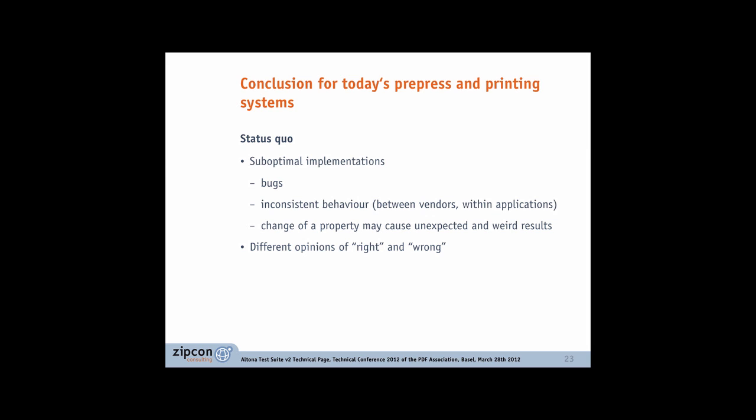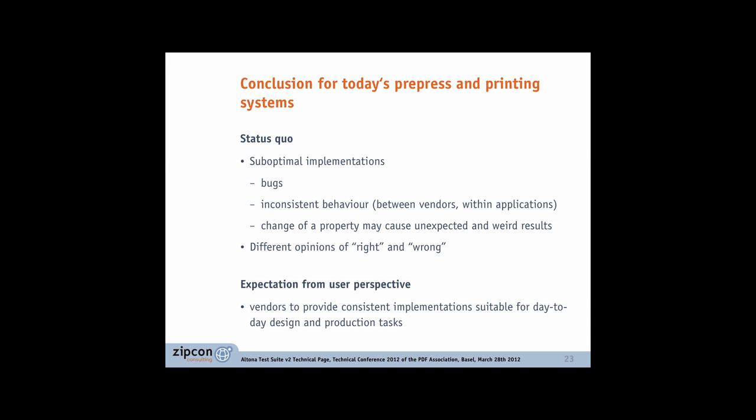So what is the status quo from the end user's perspective? We have, as we learned before, some suboptimal implementations, be it bugs, be it inconsistent behavior, be it the thing that we just looked at, that the change of a specific property changes the overall appearance of some piece of artwork. And there are obviously different opinions of right and wrong once it comes to the discussions around the specification and what vendors do and what the ECI expected.